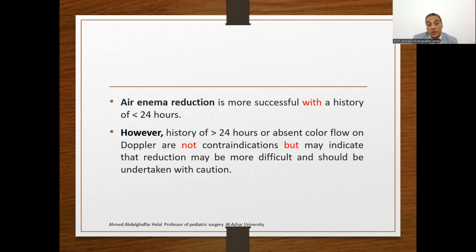So it's very important that the reduction is more successful with a history of less than 24 hours of presentation. This indicates that early diagnosis is essential and dramatically improves the clinical outcome.